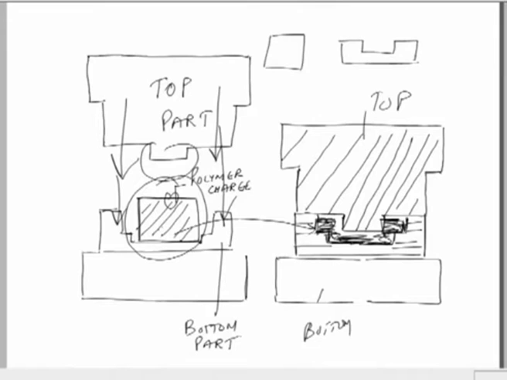So we had the charge which was something like this, and now it has taken this particular shape. So we can see that we have been able to give a shape to the polymer after heating it and after applying a sufficient amount of pressure. From this shape we have been able to generate this shape. How? By the application of pressure and by the application of heat. So we have a top part of the mold, we have a bottom part of the mold.